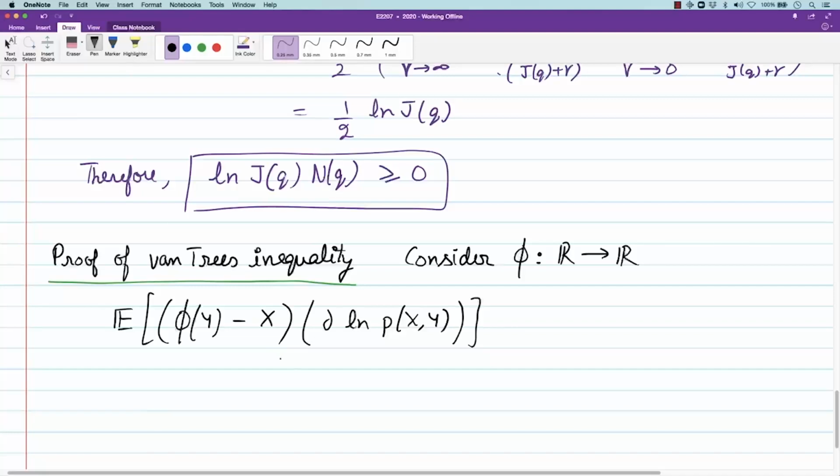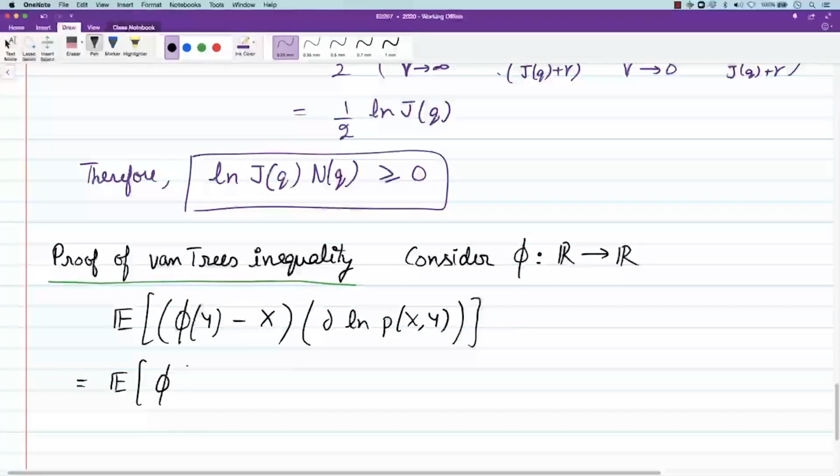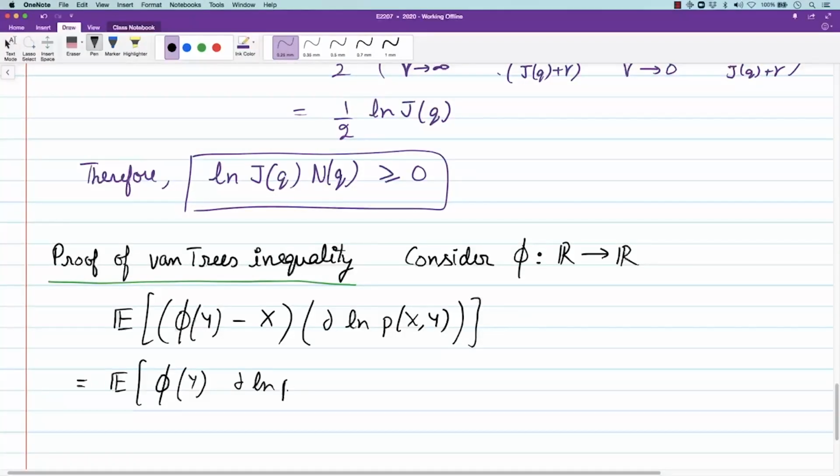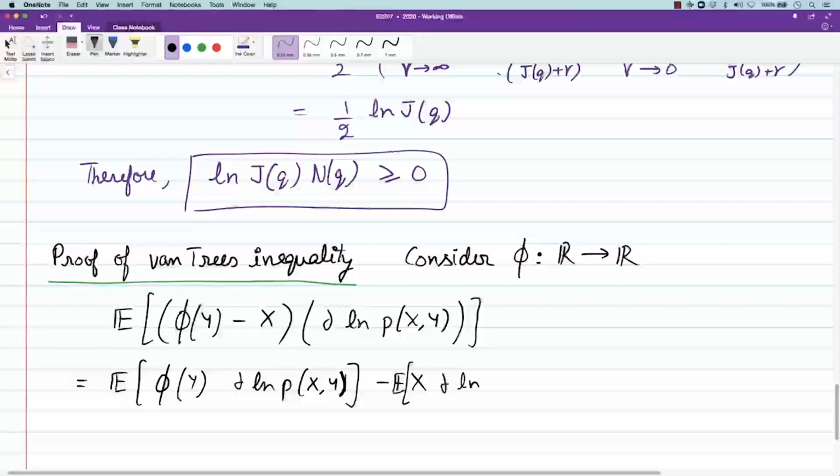Let's look at this expected value. We can divide it into two parts: the expected value of phi of y times the derivative, minus the expected value of x times the derivative. I should be clear here that this derivative is with respect to x.